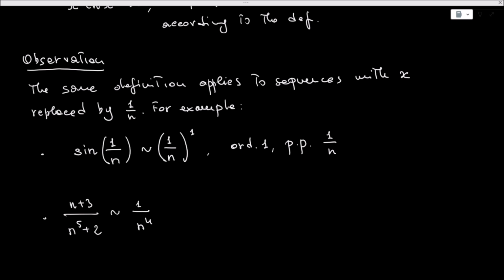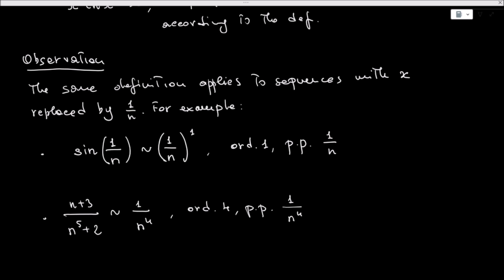It goes to 0 when n goes to infinity. So we can say that this is an infinitesimal of order 4 with the principal part 1 over n to the 4. So you recognize that c is equal to 1 in this case.